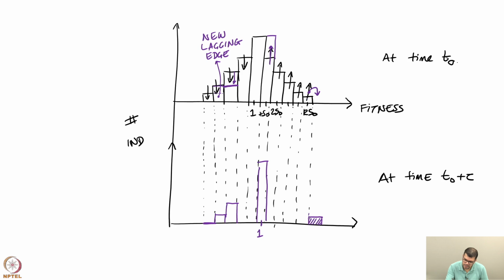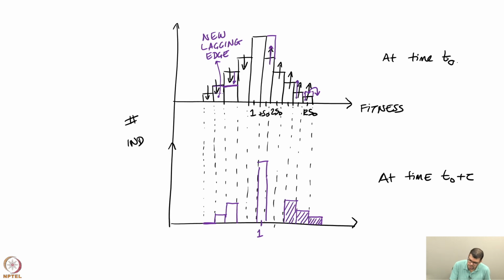While that was happening, the original leading edge is increasing in frequency because its fitness is definitely more than that of the population mean. This increases to this level. So it is now not the leading edge, but actually the neighbor of the leading edge. This genotype's frequency is also increasing. So this increases a little bit more in frequency, and so on and so forth.